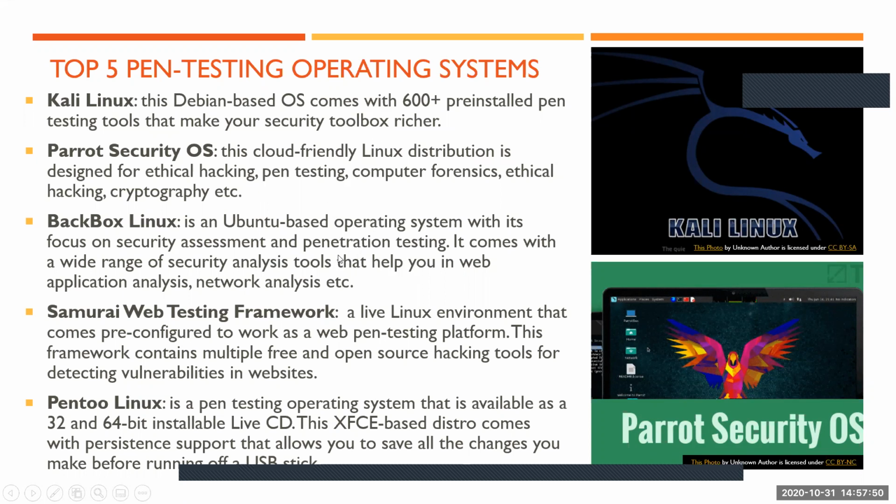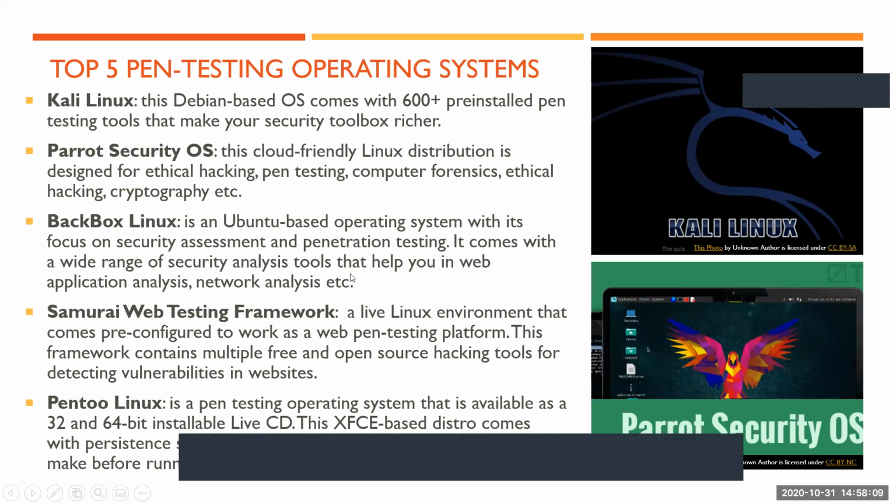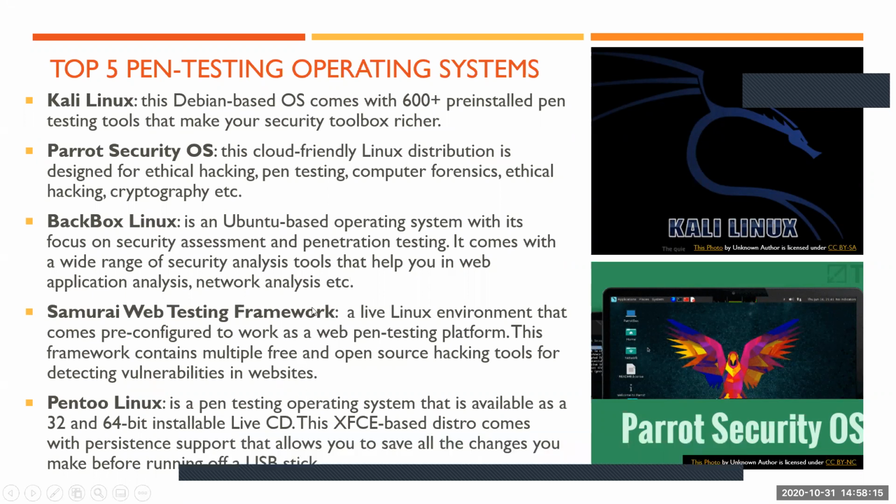Okay. And then if you do web testing, they have newer frameworks now, but Samurai is one of the Linux environments that's often used for web-based testing. They have a framework that you would follow for development and web-based testing. And these are the main top 5.